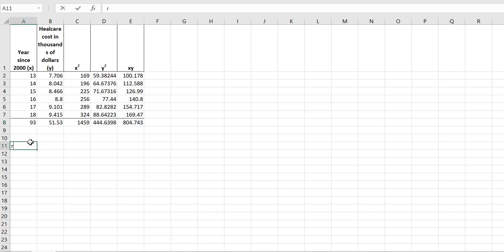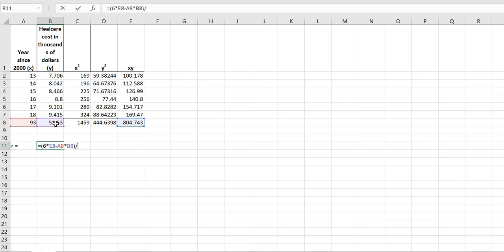So if we're going to calculate this by hand, again, we'll start off with equals, we'll do a parentheses because we've got that whole numerator. We have 6 data points times the sum of x times y minus the sum of x times the sum of y. So there's our numerator.